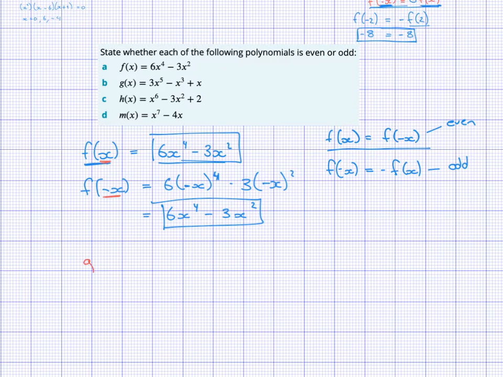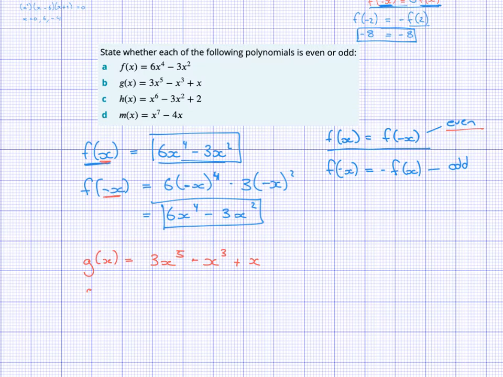All right, next example, g of x equals 3x to the power of 5 minus x cubed plus x. All right, again, we'll have a look at whether it's odd or even. A clue for you, I would suggest, is that you start thinking in terms of the power, looking at the lead power. If the lead power is an odd power, I'd suggest that the function can't be even.